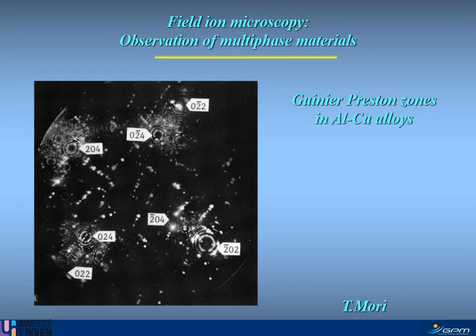These are precipitates, and these precipitates are in fact Guinier-Preston zones, GP zones. These are copper-enriched precipitates that form in this material. So this means that with field ion microscopy, you are able to see the microstructure of a material like this aluminium copper, and to see precipitates in bright contrast, while the matrix here is darkly imaged.